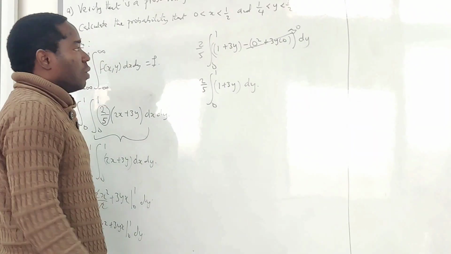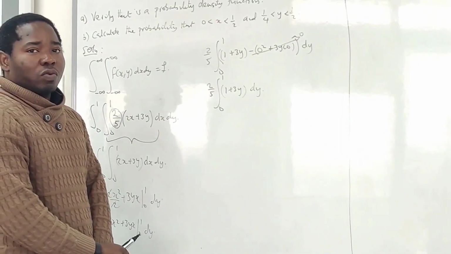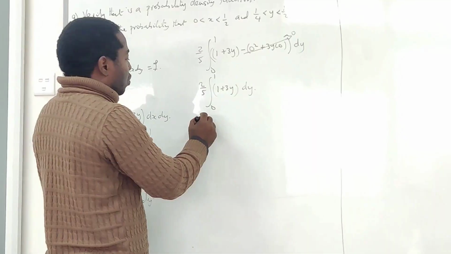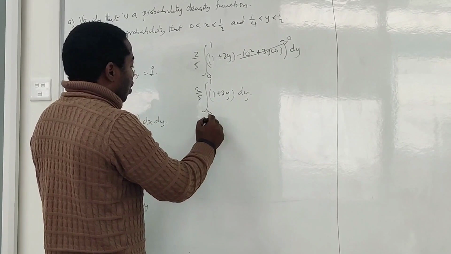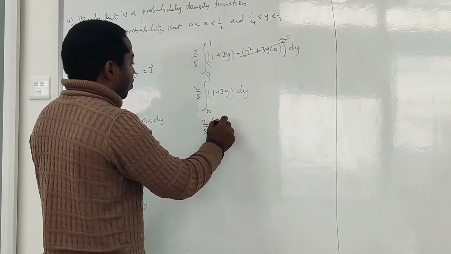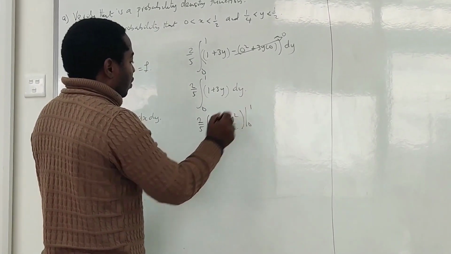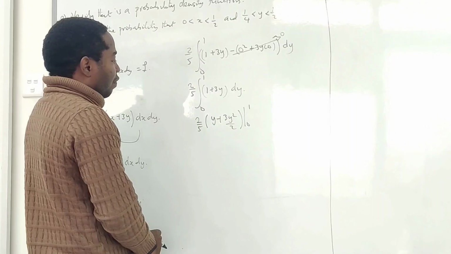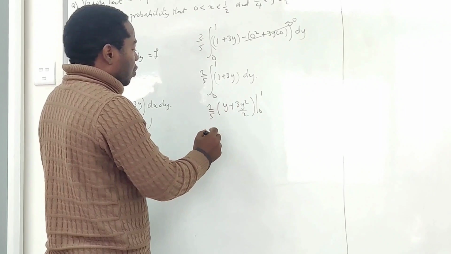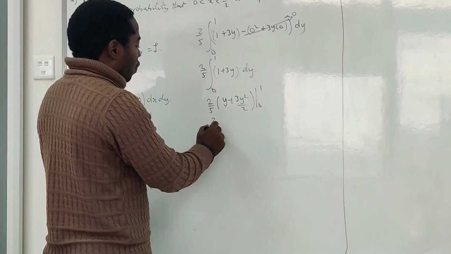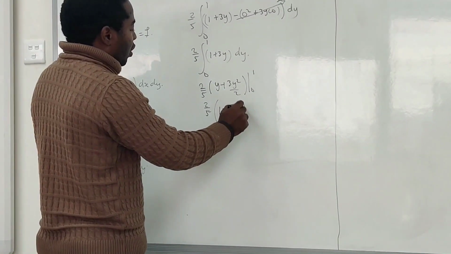So we are left with only y variables now. We can then take the integration with respect to y. Taking the integration with respect to y, we have 2 over 5 into bracket y plus 3y squared over 2, from 0 to 1. If we substitute 1, the limit of integration, into the problem, we have 2 over 5 bracket 1 plus 3 times 1 squared over 2.